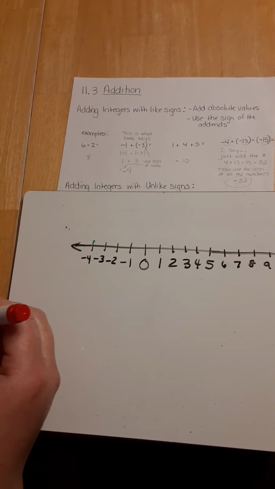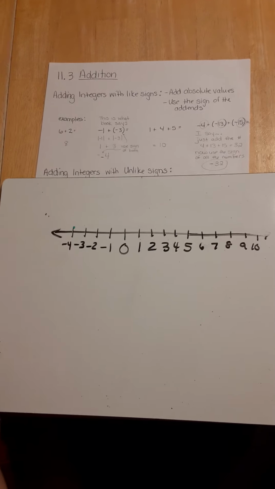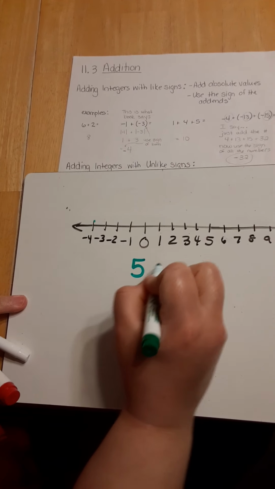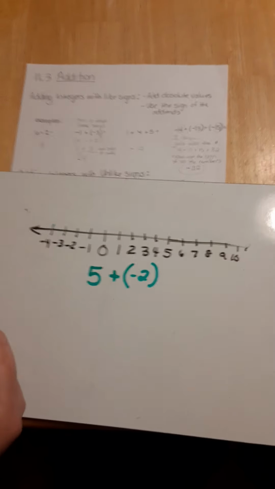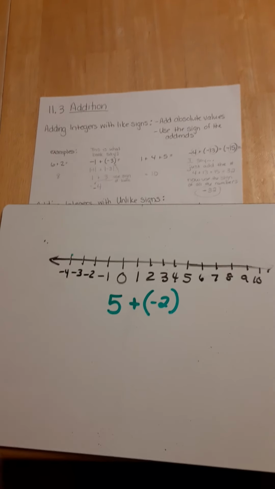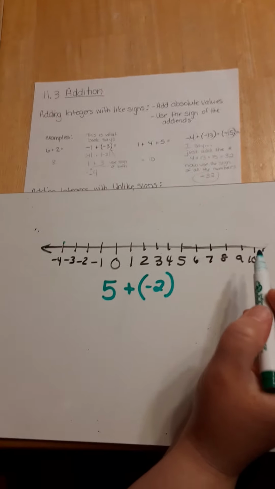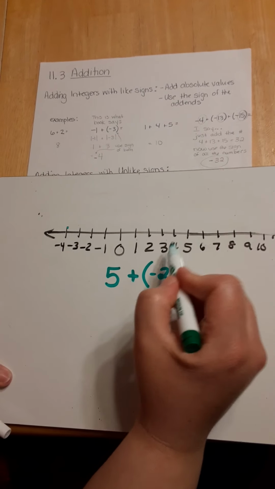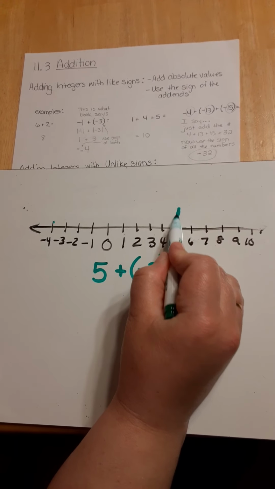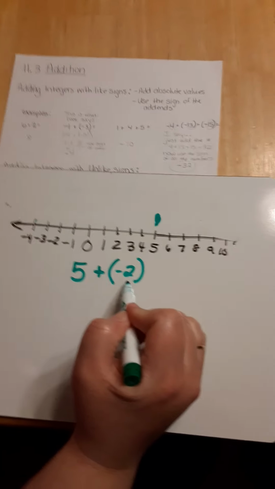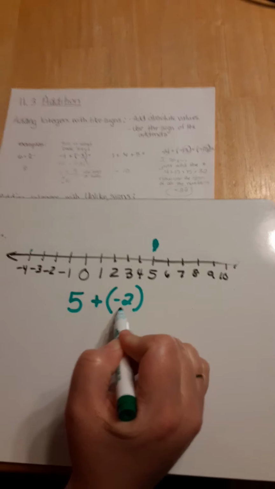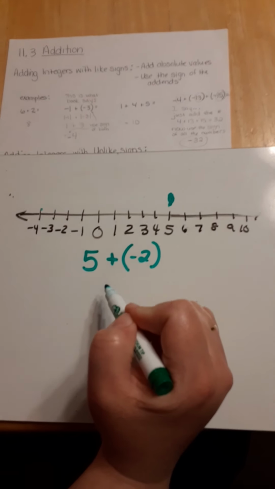So let's say my problem is I have 5 plus a -2. Okay, so my green marker is going to represent my positive numbers. So it tells me right now I am starting at a +5. There's my 5.